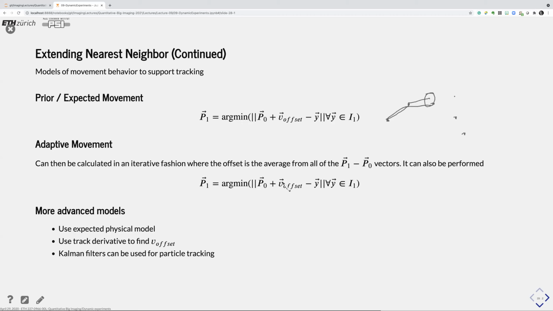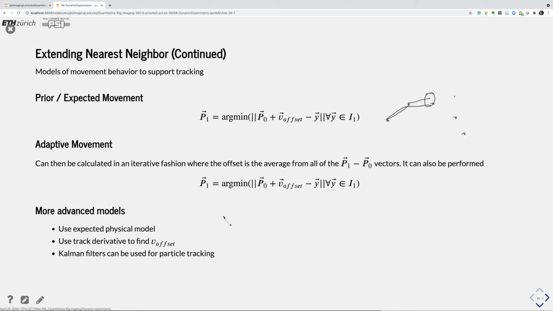Another one would be to look at some kind of average motion going through the trajectory history. And of course, you can put more physics into it. You can look at derivatives of how it's moving. And of course, you can also go for the big gun, using Kalman filters, which also model the jitter and noise uncertainties in this prediction.